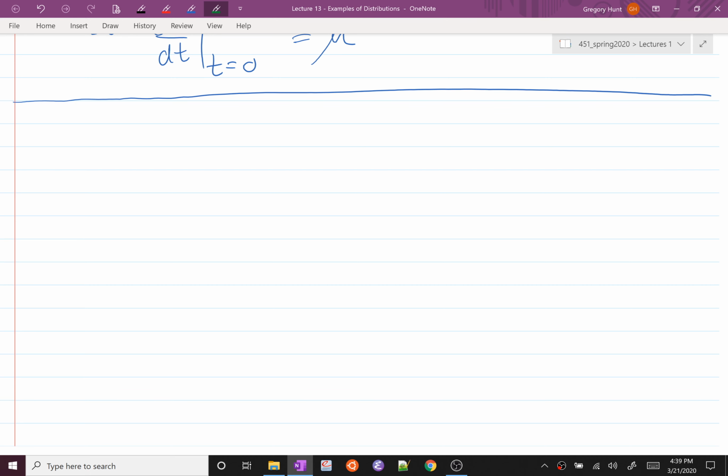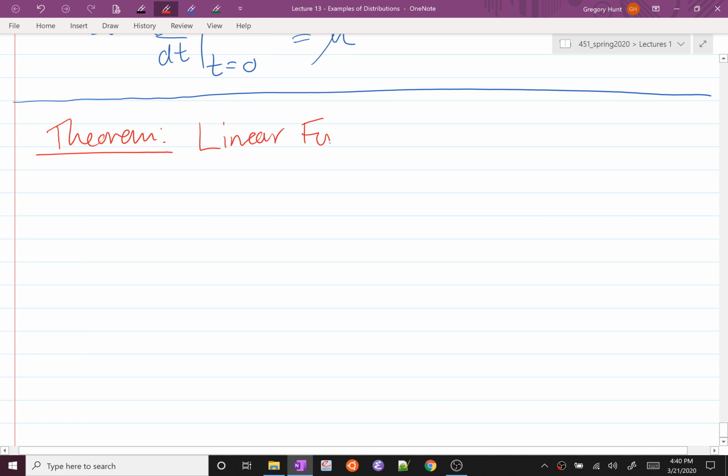The really useful theorem here is what happens if we look at linear functions of a normal random variable. So let's say linear functions of a normal mu sigma squared random variable.